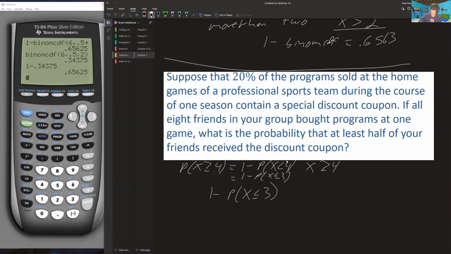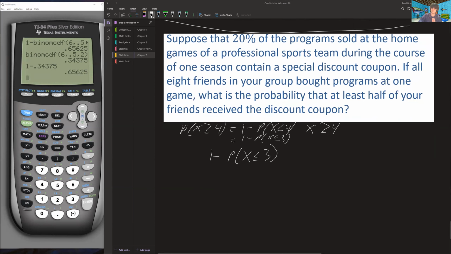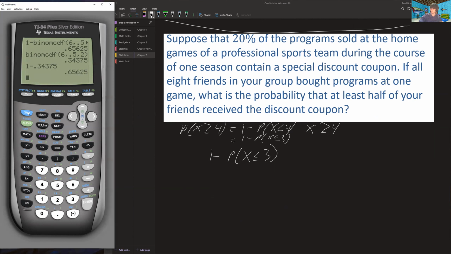Apologies that my explanation was a little murky at the beginning there. So now, what am I going to do here? Well, first, this seems to be a binomial distribution. So I'm going to go to distribution, binomial CDF, and I'm going to have number of trials here, 8.